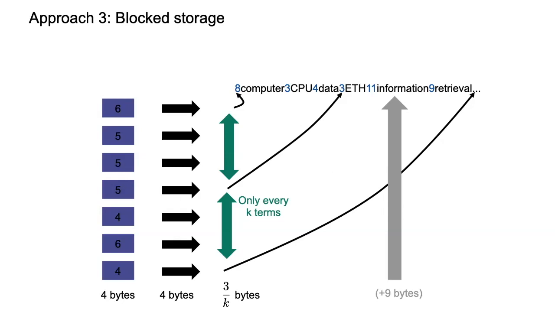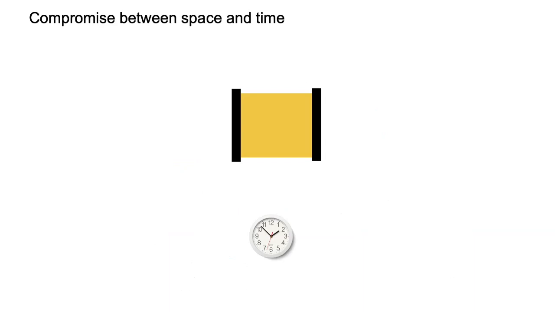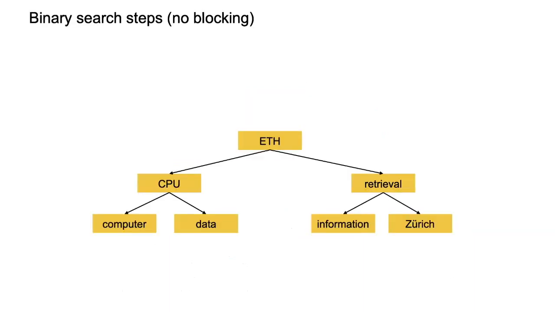It's extra computing, right, that we need. So if we really have a problem of space and we are ready to pay in terms of CPU usage and put more load on the CPU, then we can go ahead and do that, right? It's always a compromise between space and time.